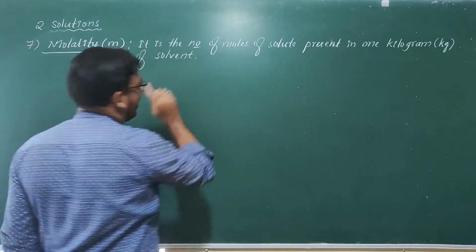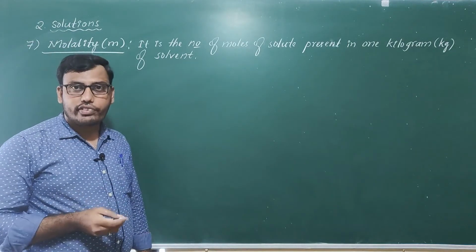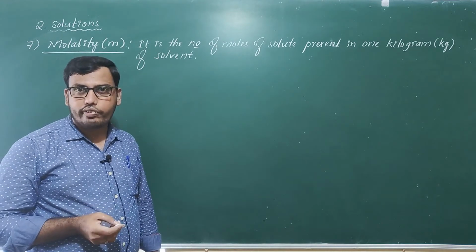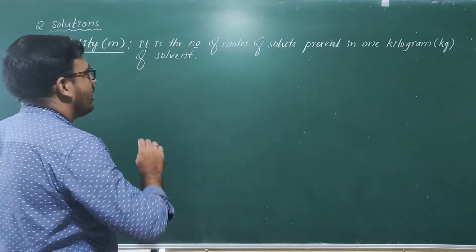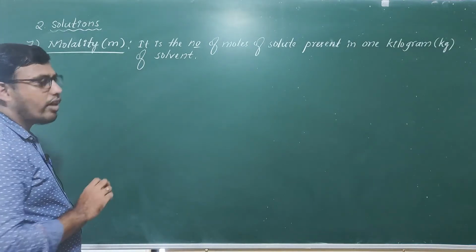See, I am focusing on solvent here, whereas we have taken volume of solution in case of molarity, that is the change. So number of moles of solute present in 1 kg or kilogram of solvent.